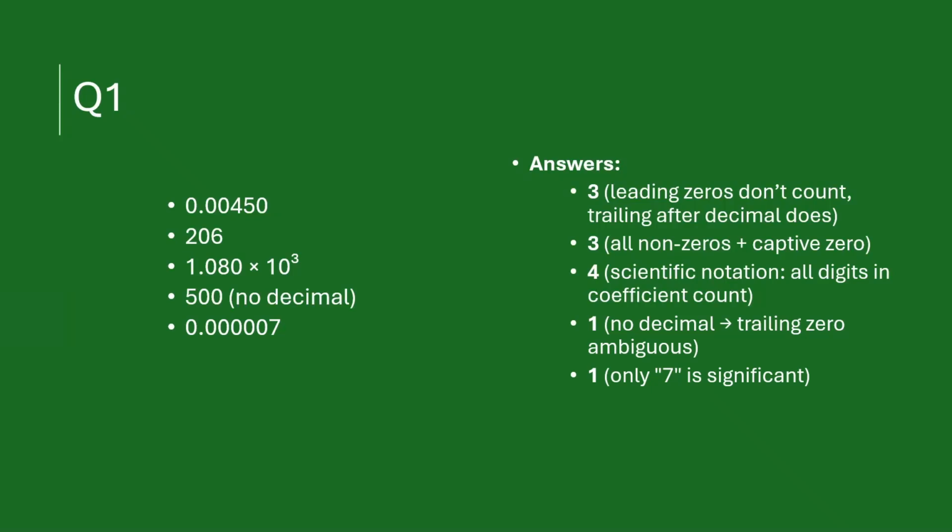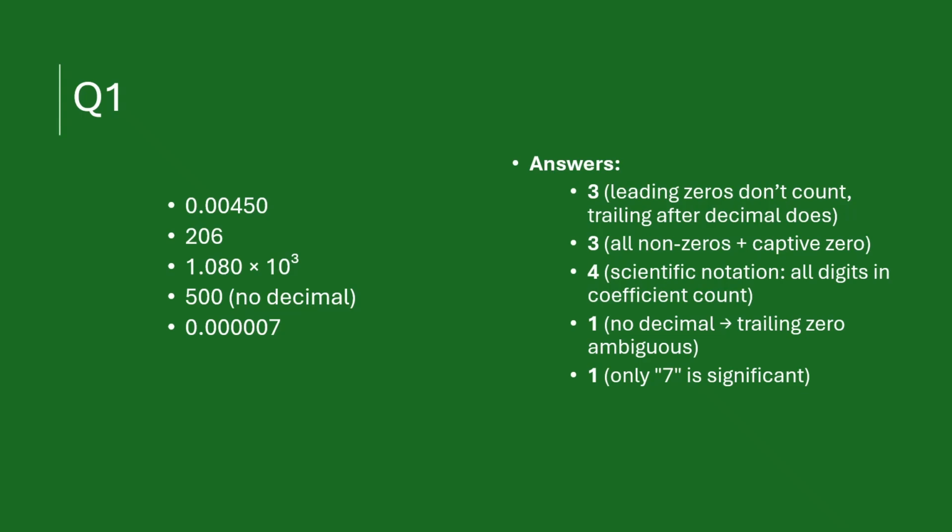This is the content of our quiz last time, where you are asked to determine the number of significant figures. So we have five items. Number one is 0.00450.